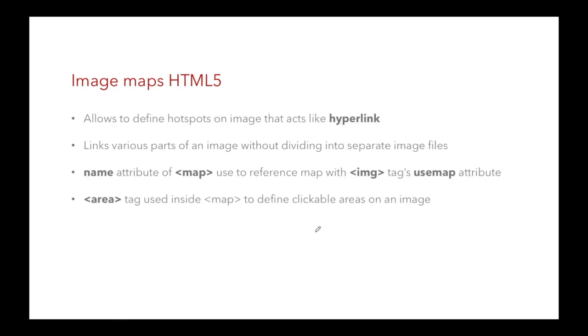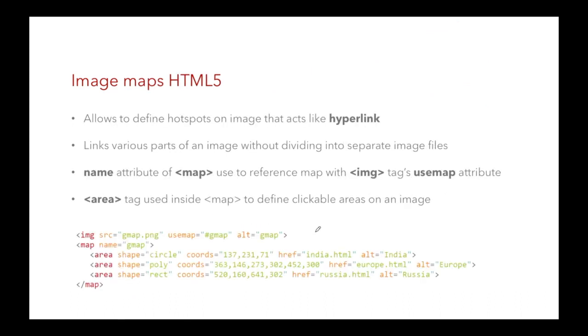Then related to images, we can use the map tag also, wherein you can have a certain image and a particular section of the image needs to be clickable. You can create sections like a square, or you can create sections like a rectangle, circle, and polygons. These sections can be made clickable. We call these sections hotspots.